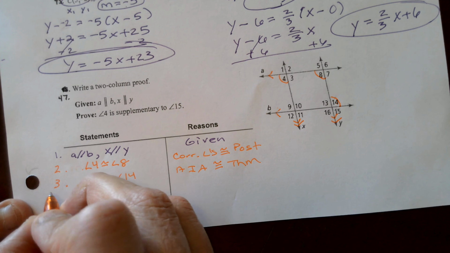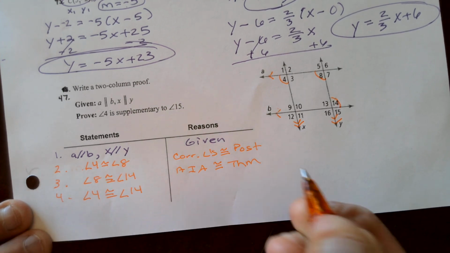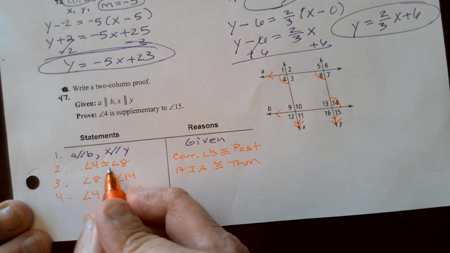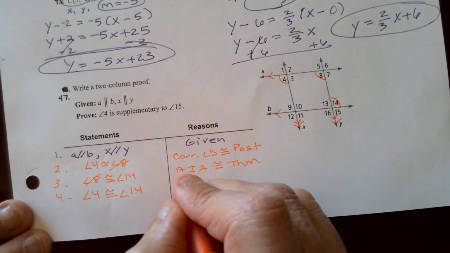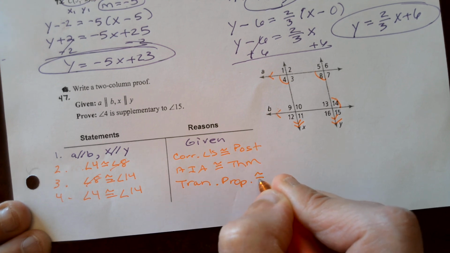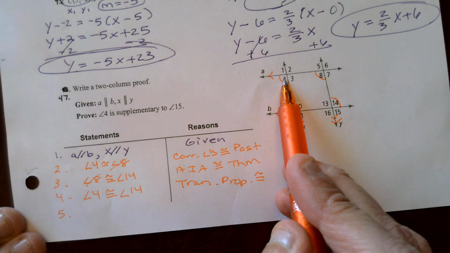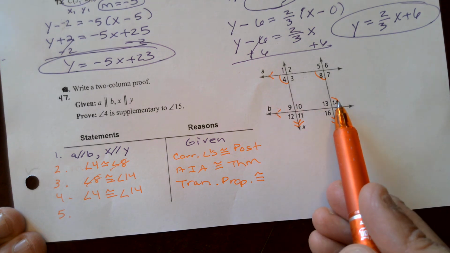Then I'm going to say angle 4 is congruent to angle 14. Right here. Transitive property of congruence. So now I've got these equal. I've got 4 congruent to 14.